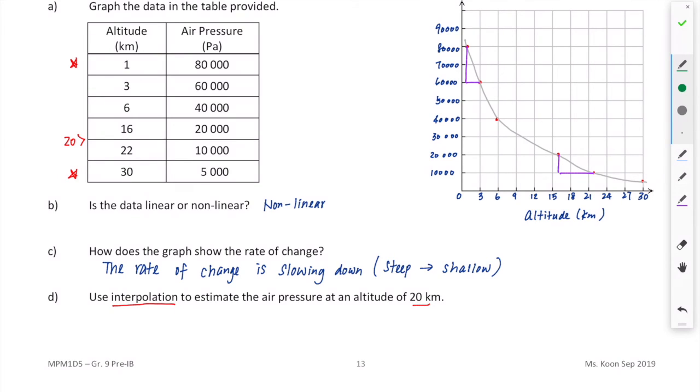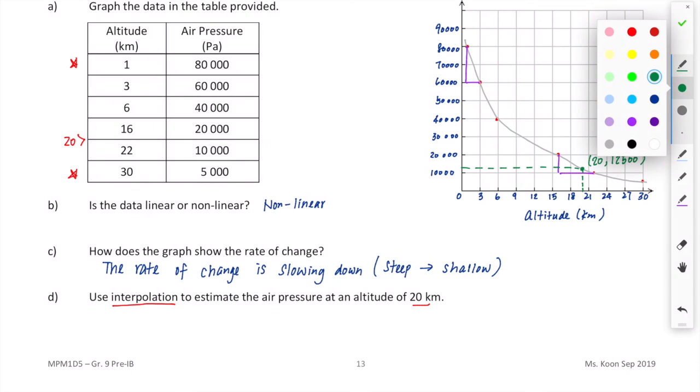So let me show that on the graph. At 20 kilometers, I can draw a dotted line to project up until it touches the curve that I have. And then what is the corresponding air pressure at this point? So this is roughly 20, make an estimation. This is lower than halfway between 10,000 and 20,000. So maybe 12,500, like that.